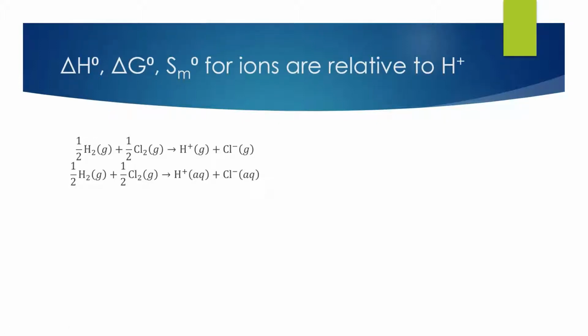Our chemical instincts tell us that hydrogen and chlorine will not likely dissociate in the gas phase, but these ions, H plus and Cl minus, are favorable in solution, suggesting that it will dissociate in solution. This means that aqueous H plus and Cl minus must be lower in free energy than gaseous H plus and Cl minus. Why is this the case?